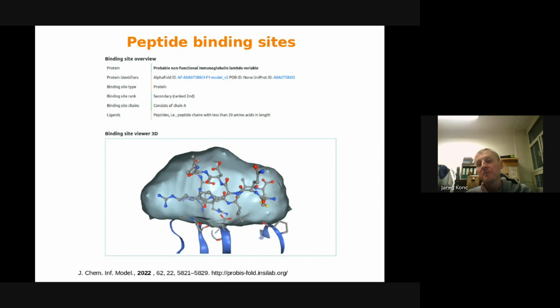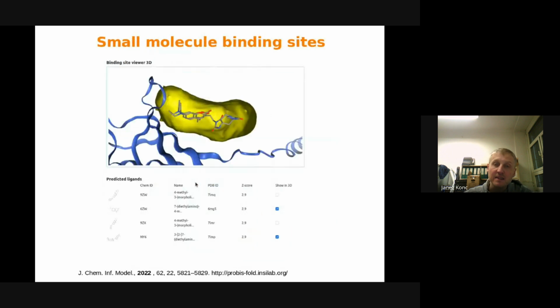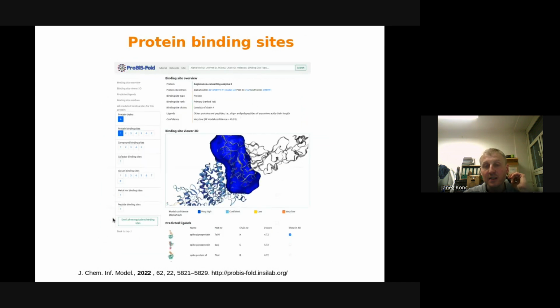On the surface of a protein, this surface represents one binding site. This is a small molecule binding site, for example, this blob here. And below these binding sites are all these possible predicted ligands, which we can just turn on and off, and we can see how they look in 3 dimensions.